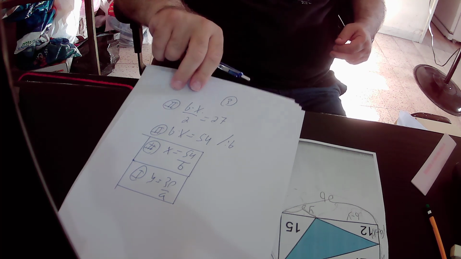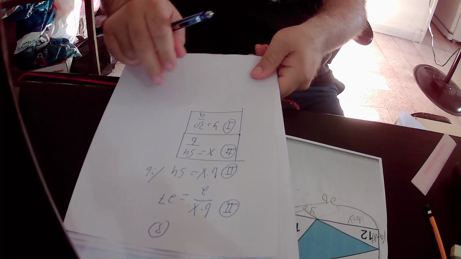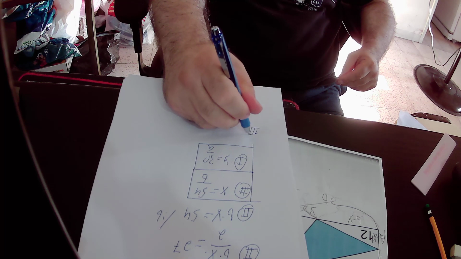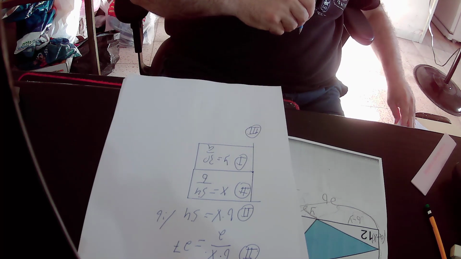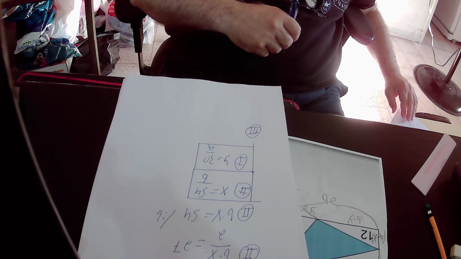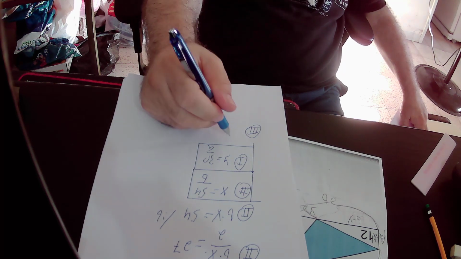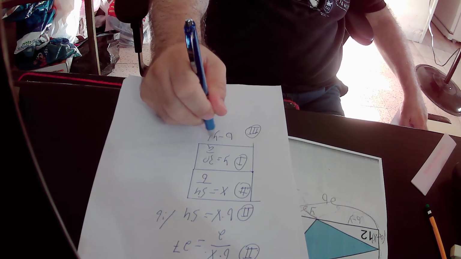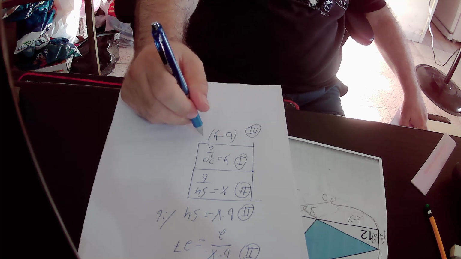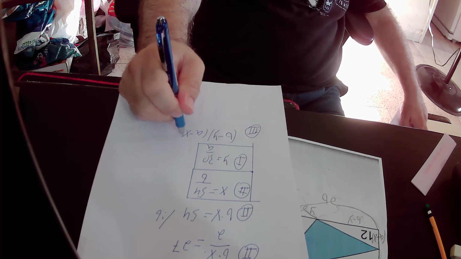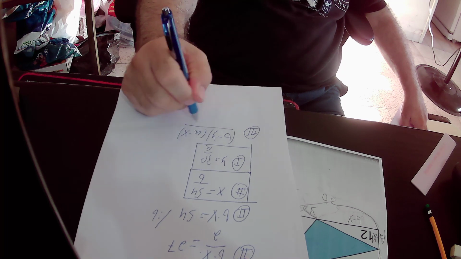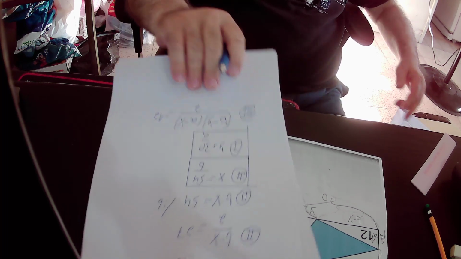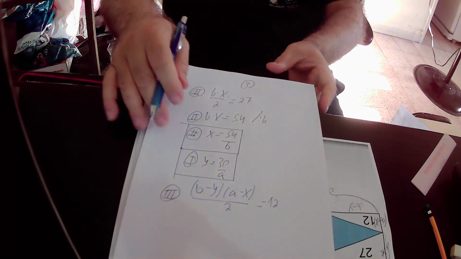So the third equation is b minus y times a minus x, divided by 2, equals 12. Okay, this is the third equation.